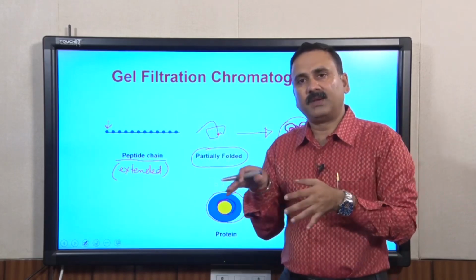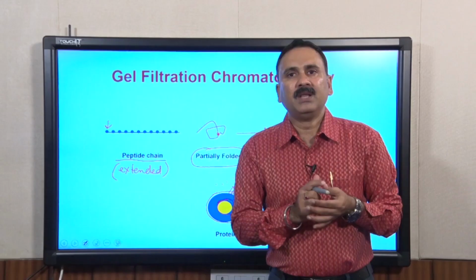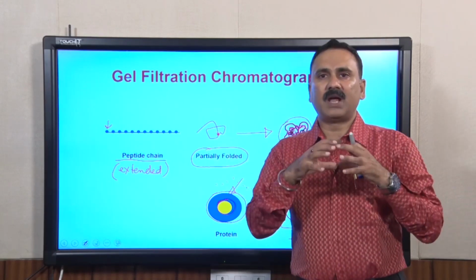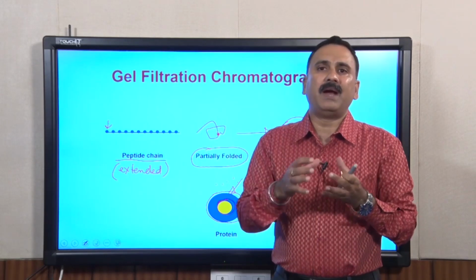By doing this process of folding a protein around a particular center, the protein is trying to conserve energy as well as make the structure as compact as possible.